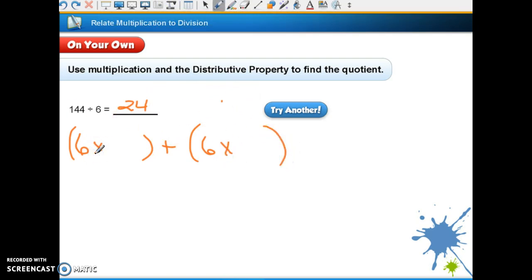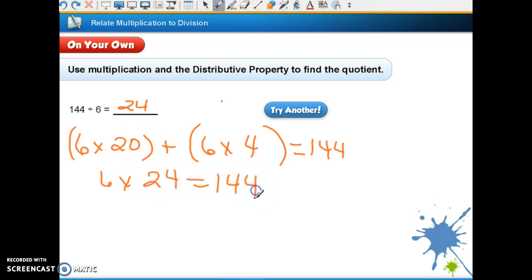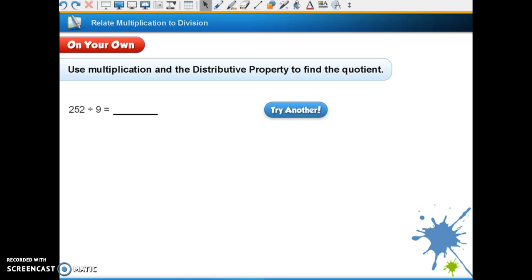And we're going to break 24 down into 2 factors. So let's say we break it into 20 and 4. That's going to equal 144. So 6 times 24 is equal to 144.